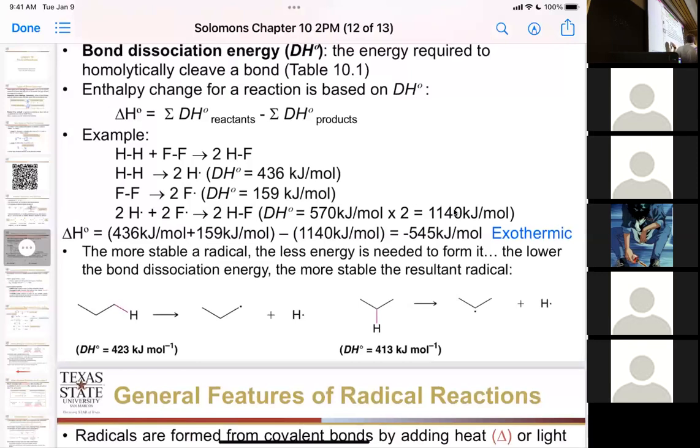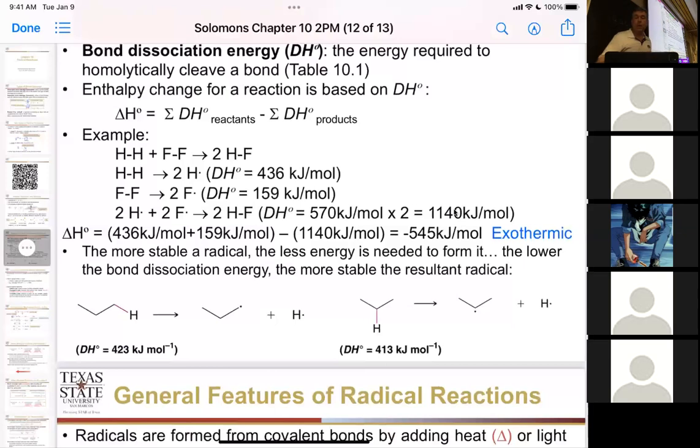So going from a primary to a secondary is only 10 kilojoules per mole, and going from a secondary to a tertiary is only 10 kilojoules per mole. So there's not much difference. Carbocations, it's like 100. That's why we can't make those primary and methyl carbocations without using your mass spectrometer.